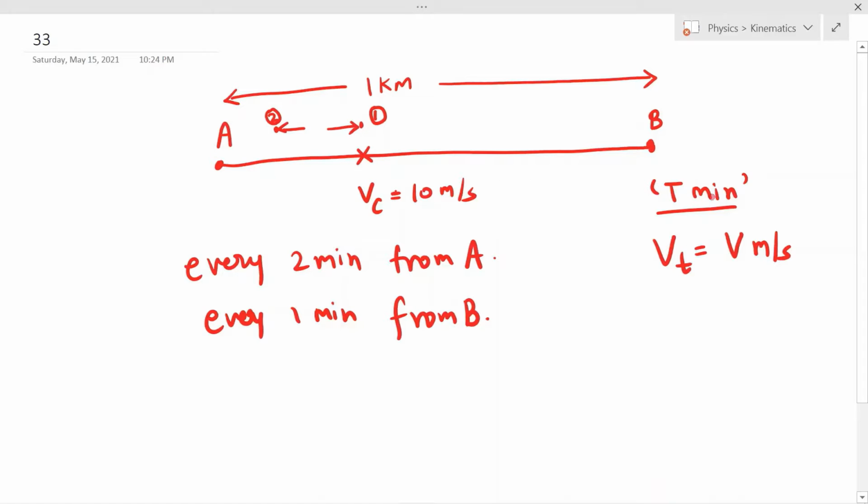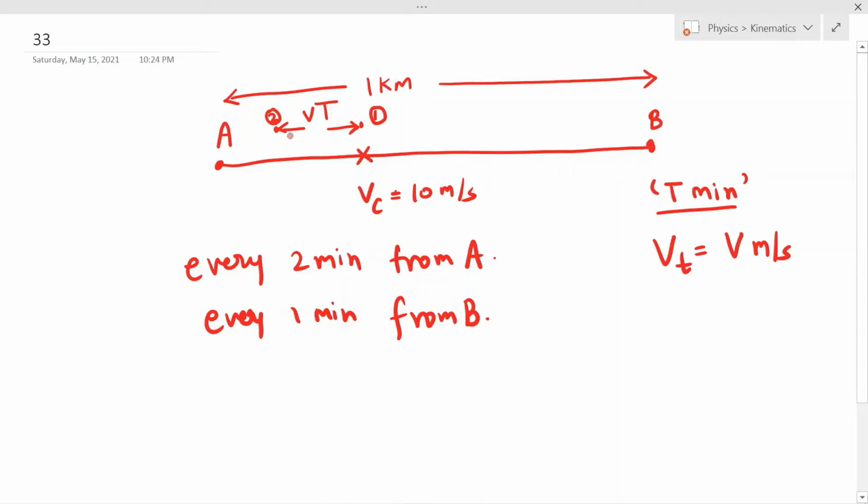See, every t minutes the cab leaves from position A. So after cab 1 has left, t minutes after that cab 2 has left. So this distance will be the velocity of the cab V times t. So cab 2 is Vt apart from cab 1.